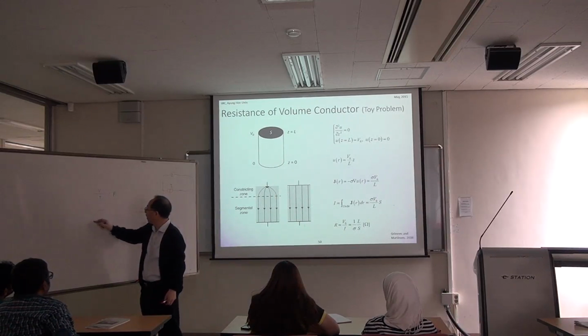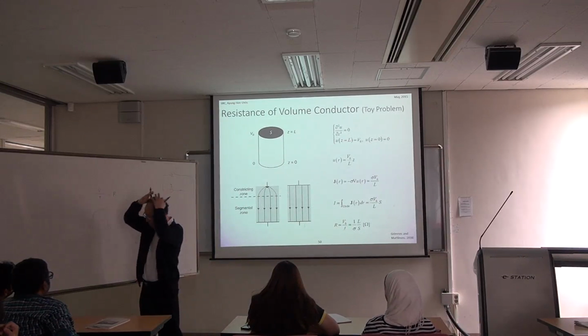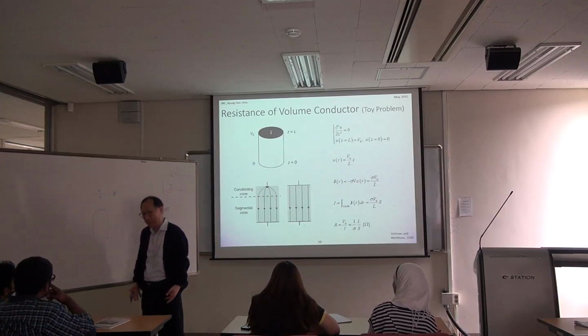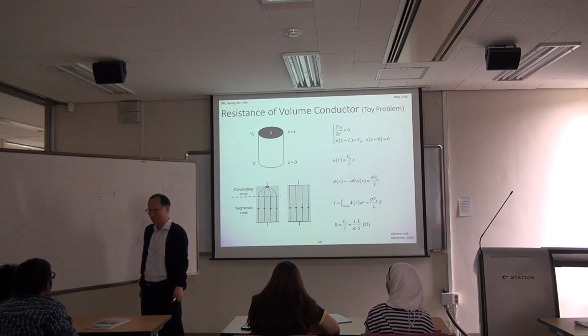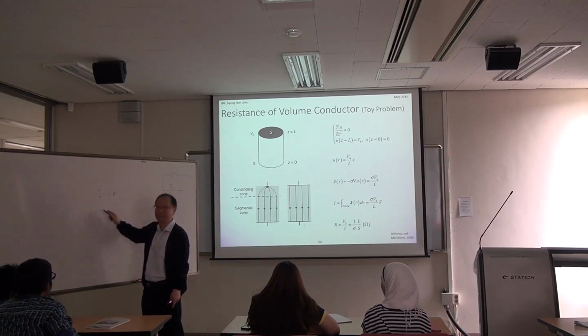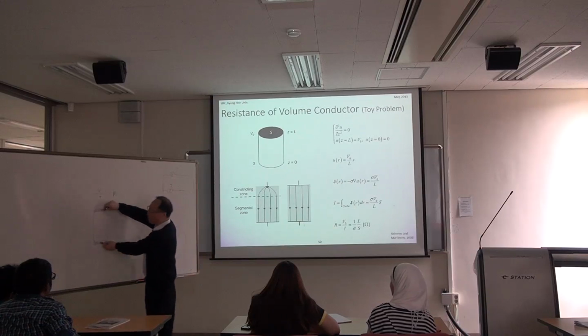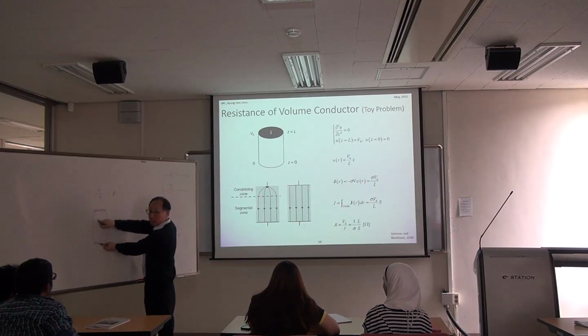This is my body. I moved my head and I pushed my leg, so my body is like this. So I attach one electrode here and another electrode here, and I'm going to measure voltage between these two points due to some equivalent dipole inside. Then what should I do? I should find the lead field map.